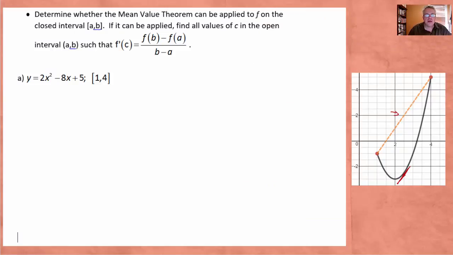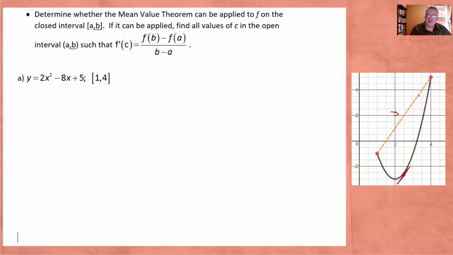Okay, here's our first example. We have a quadratic function defined on the interval 1 to 4. Polynomial functions are continuous everywhere, and their derivatives exist everywhere. Our job is to find the point in the interval 1 to 4 where the slope of the function equals the slope between the endpoints.